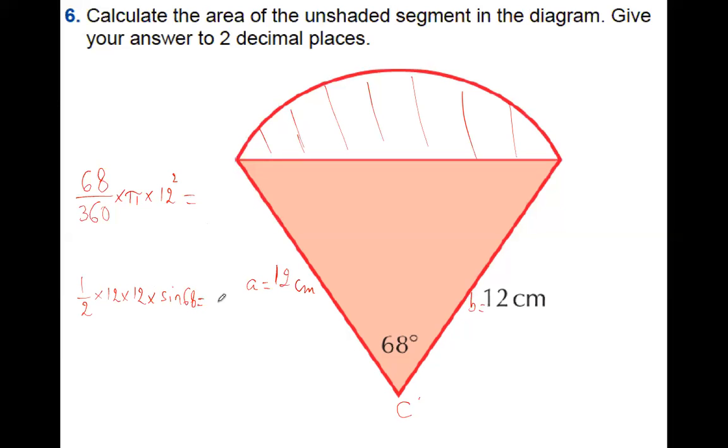That would be your triangle area. So you've got the total sector area and the area of the triangle. Then to find that unshaded bit, you just take away from that big bit the triangle.